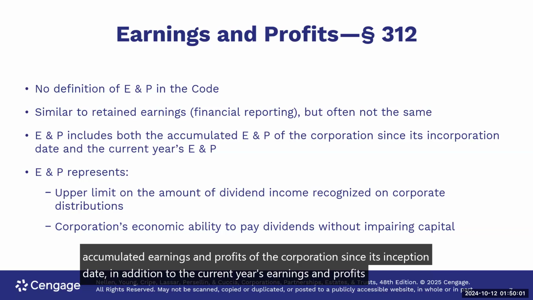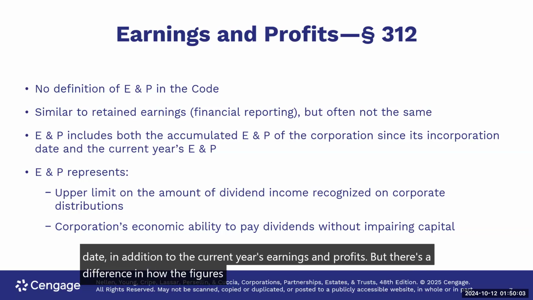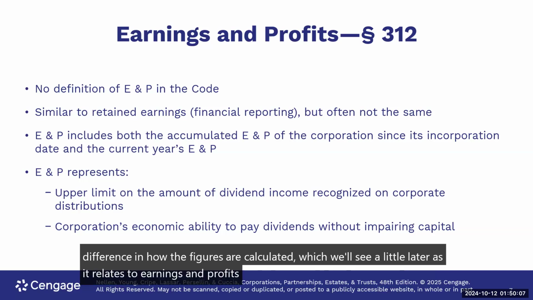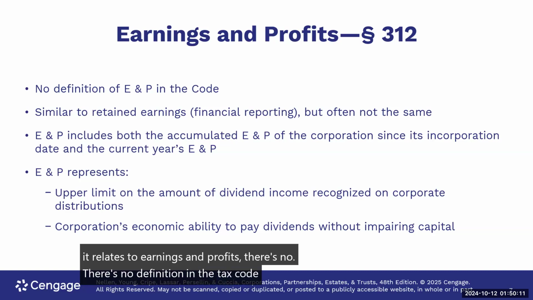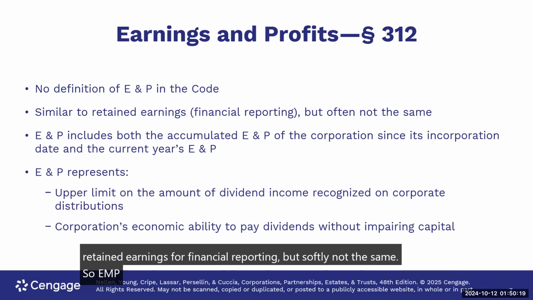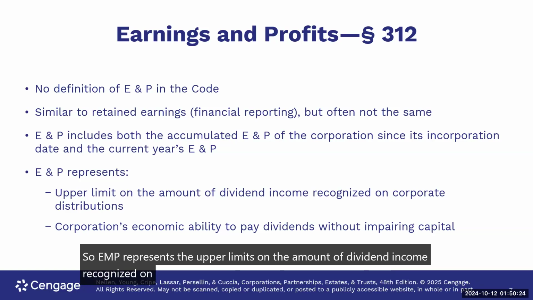But there's a difference in how the figures are calculated, which we'll see a little later. As it relates to earnings and profits, there's no definition in the tax code, but as mentioned, it's similar to retained earnings for financial reporting, but it's often not the same.